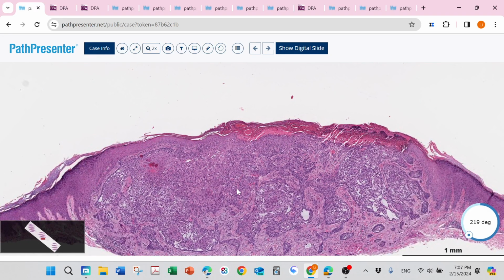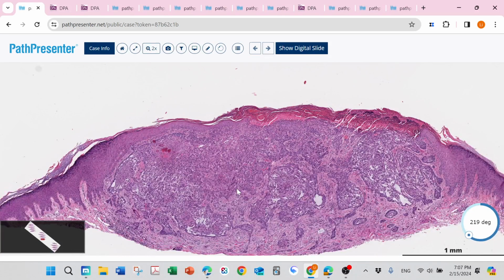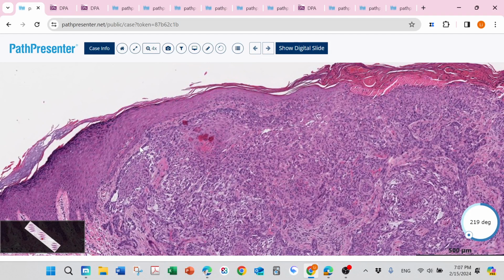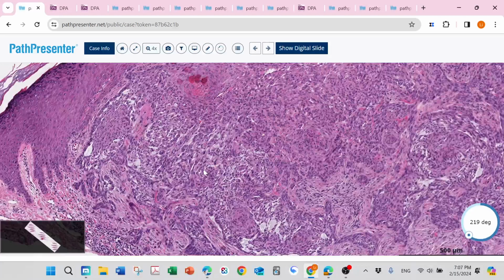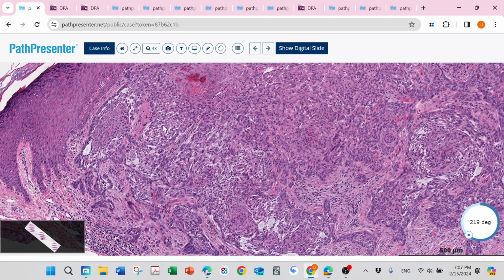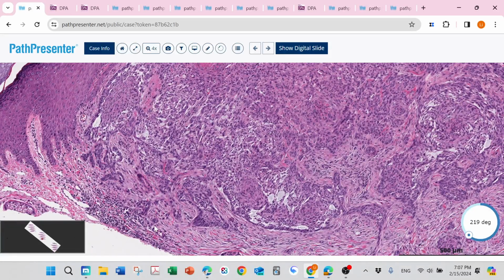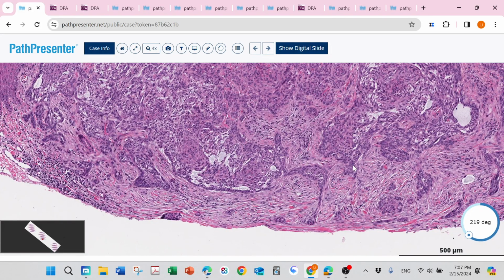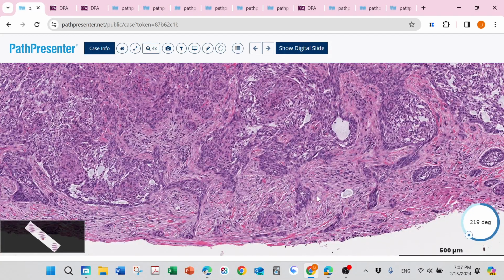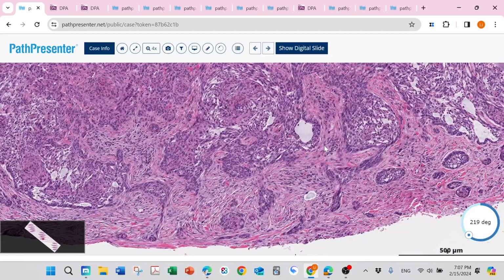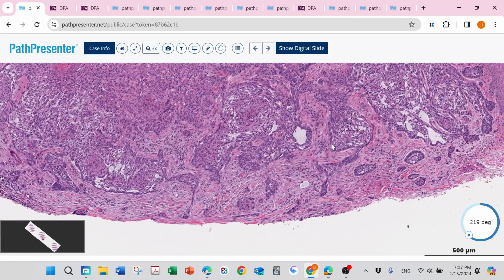We can see all the classic findings for basal cell, like intracellular mucin and retraction artifact between the stroma and the palisading basaloid cells here. But the nests are not forming nests. They have this infiltrative growth like this. So usually dermatology will do a surgery to make sure to take out this infiltrative growth basal cell carcinoma.